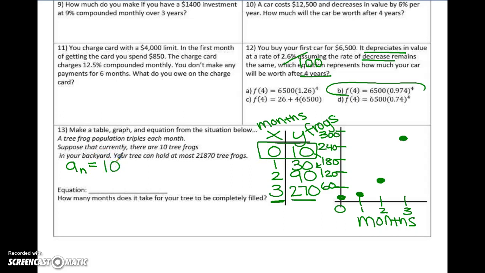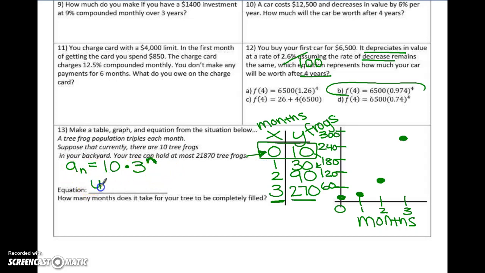Right? If we're given month 0, that's the one we want to use. It's repeatedly timesing by 3 each month, tripling, and it's to the nth power. And there's no minus anything because this is at month 0. So this is one way we could write that.